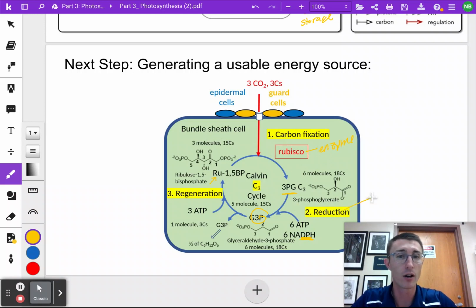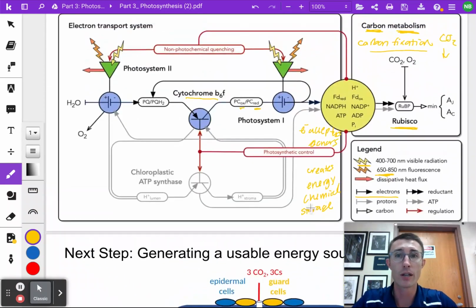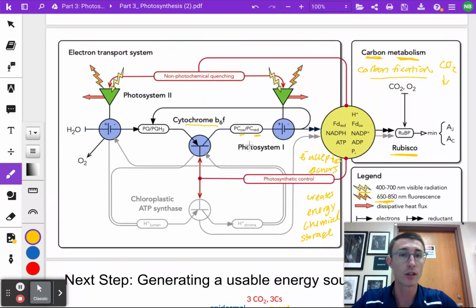It goes through a reduction process. Remember, reduction is gain. So NADPH is going to interact here, and once it actively undergoes this reduction, it's going to become NADP plus, which is used in the light reactions.